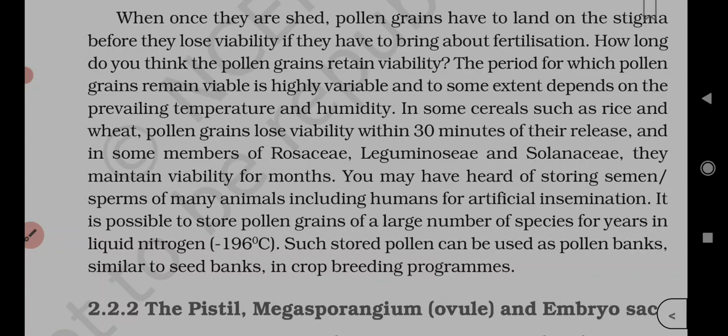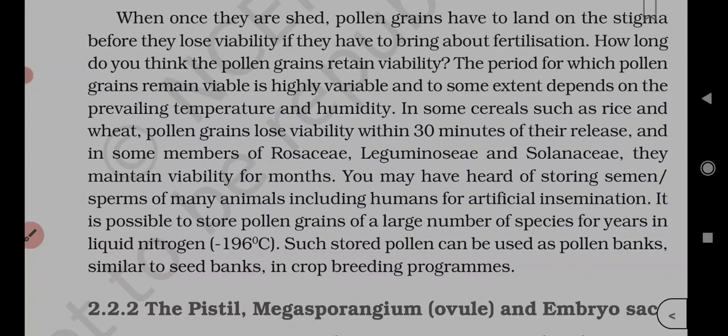The ovule of an angiosperm is technically equivalent to a megasporangium.